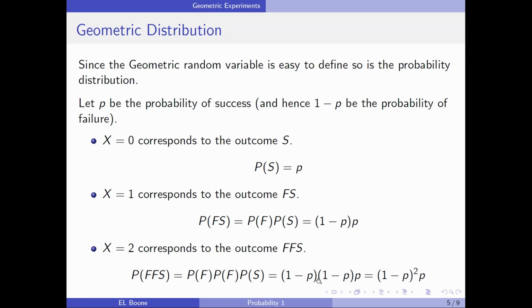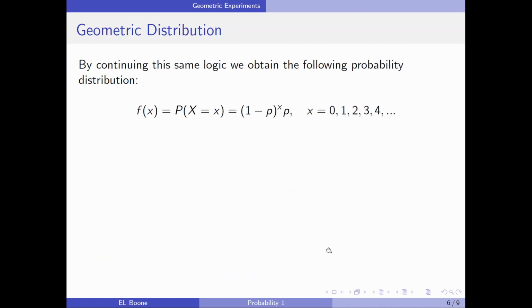And this is the formula. If we keep up this logic, here's the distribution we end up with: f of x, which is the probability x equals little x, is (1 minus p) to the x times p, where x equals 0, 1, 2, 3, 4, and so on.